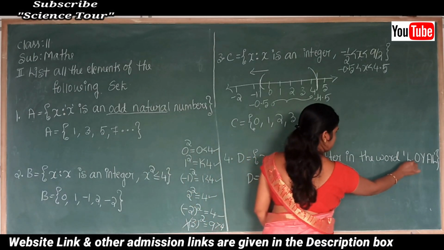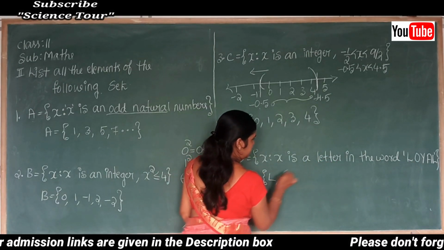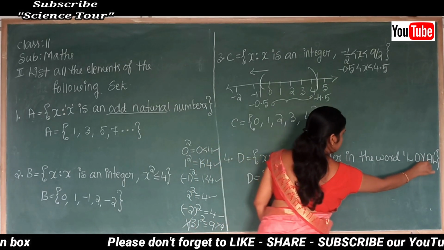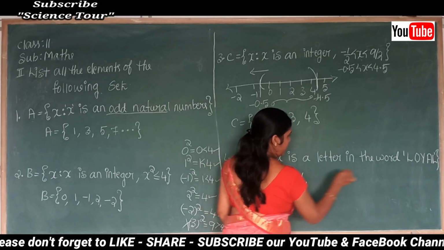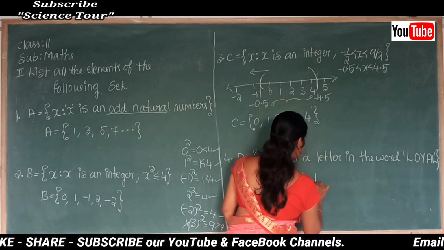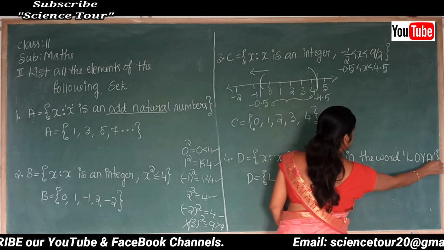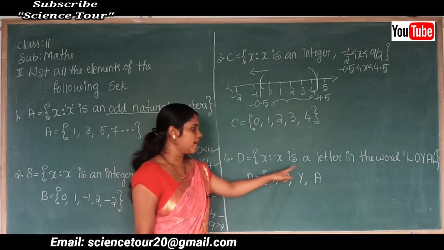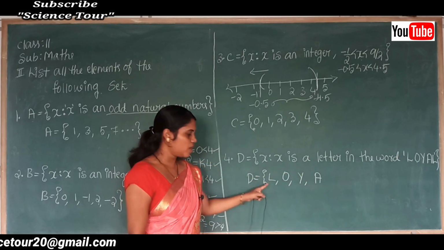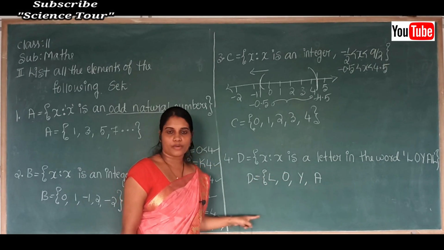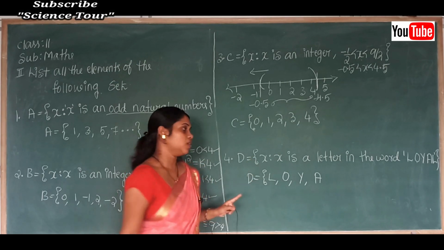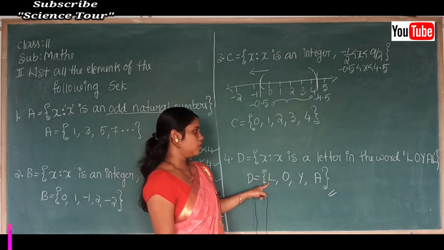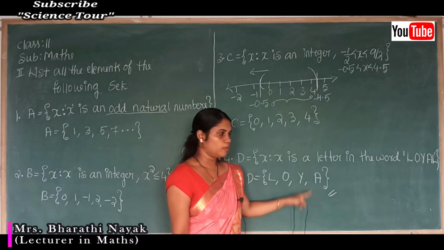The first one is L, the second letter O, the third letter Y, the fourth letter A, the fifth letter again L, but L I have already written, so don't write it twice. Only once you have to write. The elements of a set will never repeat. So what is the answer? L, O, Y, A.